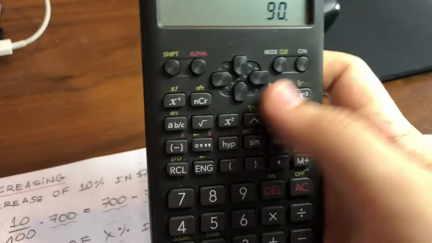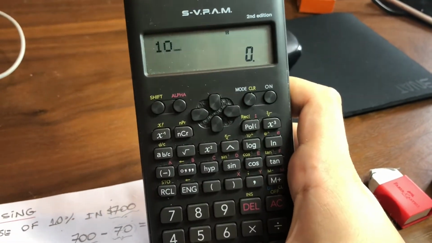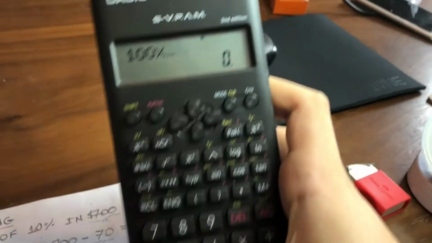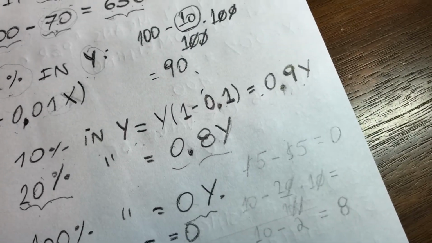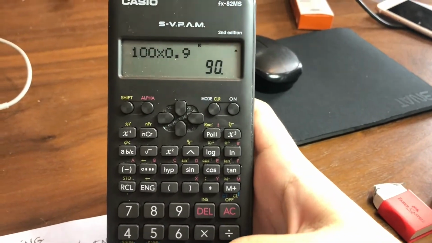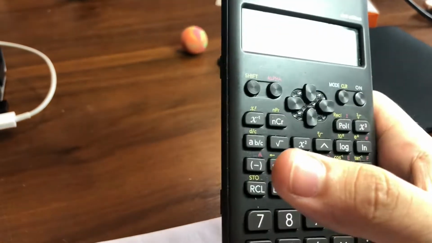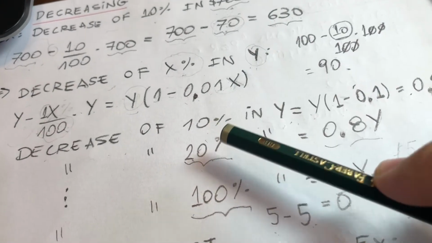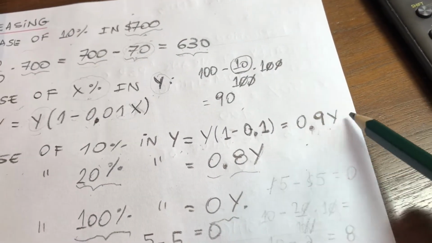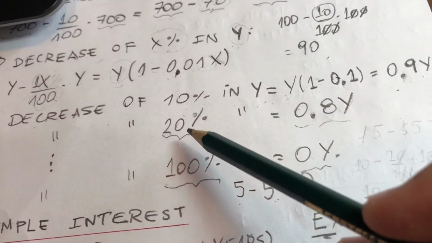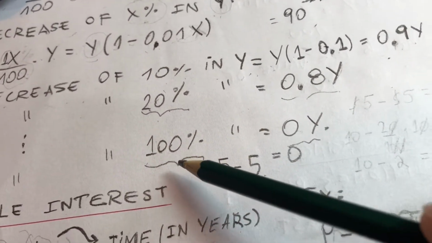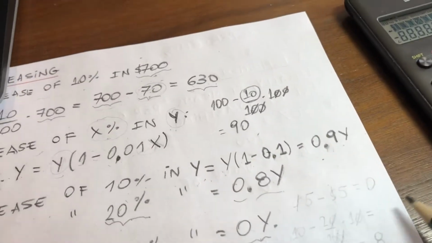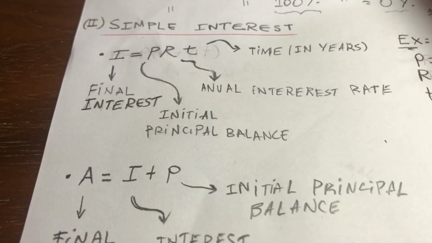That's equal to 90. Great, but let's multiply 100 by 0.9, just as we have seen here. That's equal to the same number. So, concluding this idea, if we have a decrease of 10%, we have 0.9 of the number. Of 20%, 0.8. Of 100%, 0. Great, guys, so let's move on.